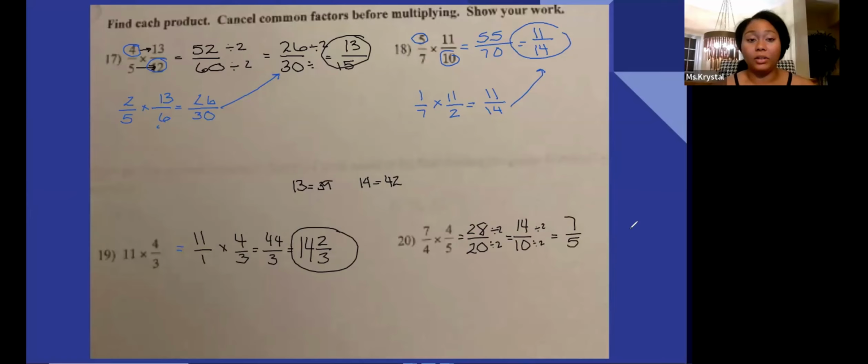So my final answer before I change it to a mixed number would be 7/5. But now I have to ask myself, how many times is 5 going into 7? One time. 1 times 5 is 5. My remainder, 5, 6, 7, is 2. So it's 1 and 2/5 as my final answer.